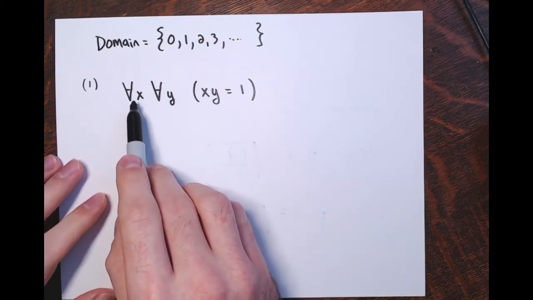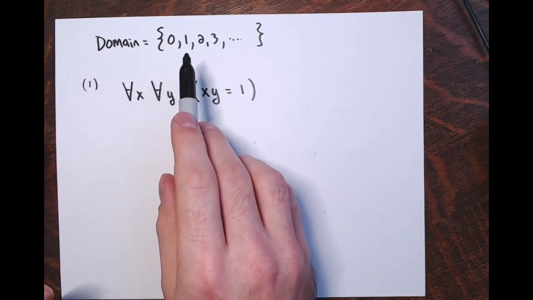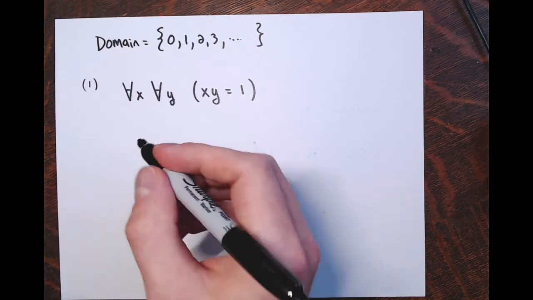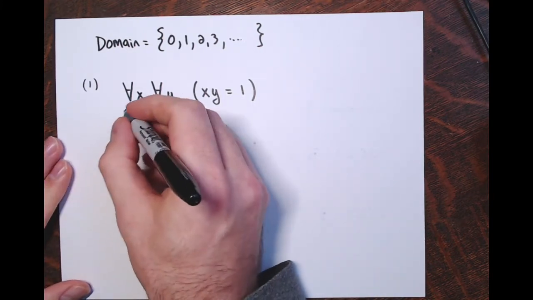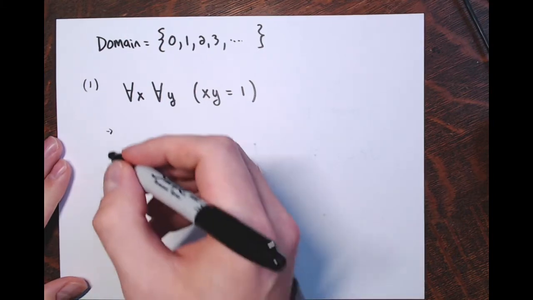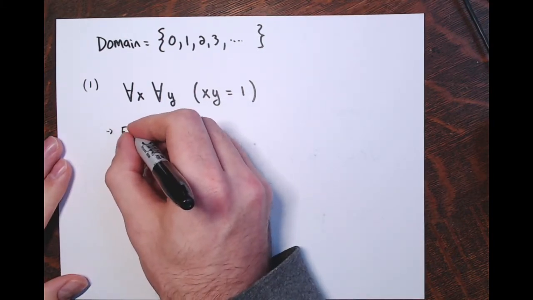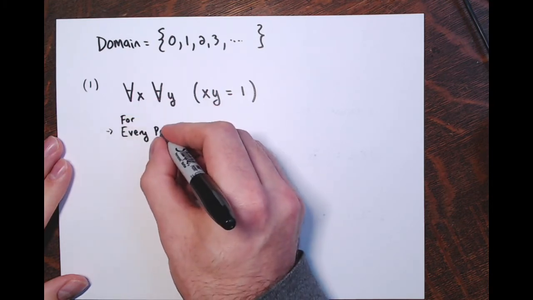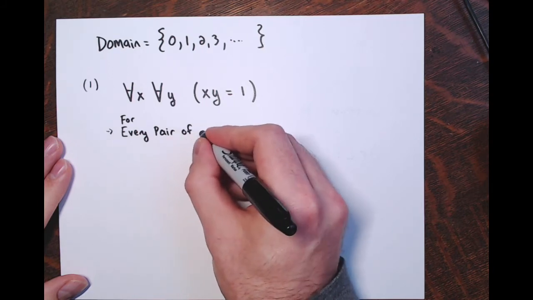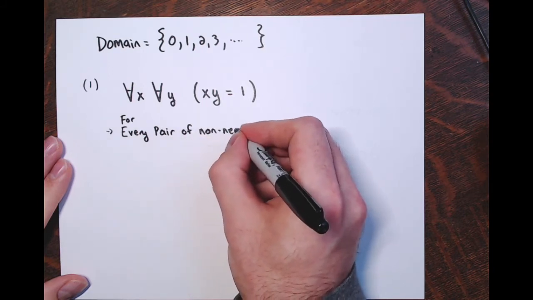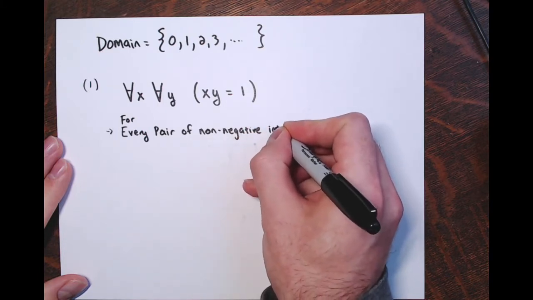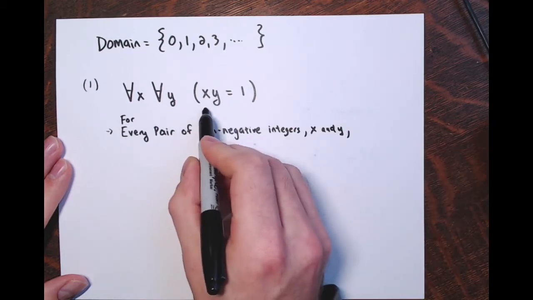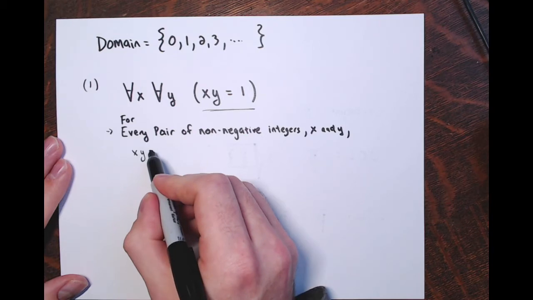This statement is, for every non-negative integer, and for every other non-negative integer, so this is just every pair. If I was writing this in English, for every pair, because there's two everys here, for every pair of non-negative integers, say call them x and y, the following statement is true: x times y equals 1.